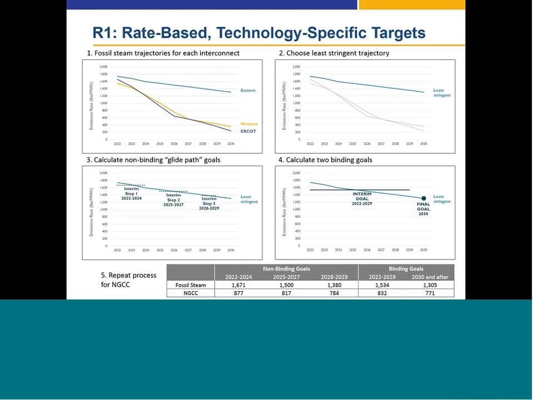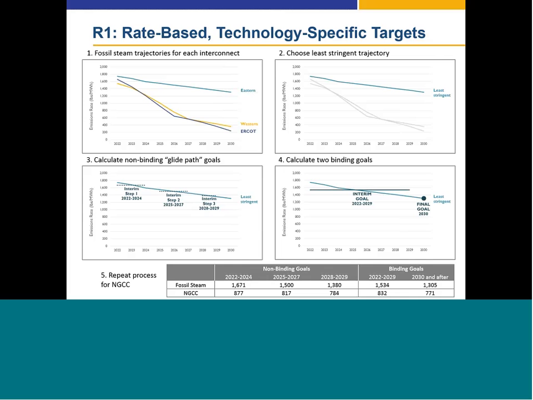So let's say it's a fossil steam unit. But what happens if there are so many renewables that the fossil steam unit could just buy up all of those ERCs, those credits? What could end up happening is that it could actually produce a lot more generation and a lot more emissions and still meet the exact same standard rate. So that's what's happening in a mass-based target.